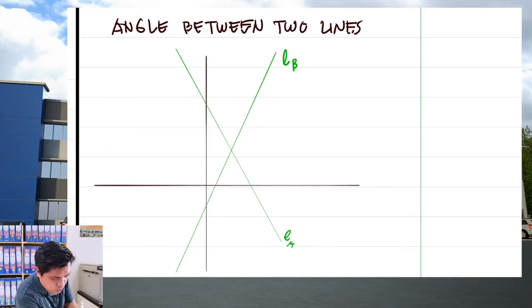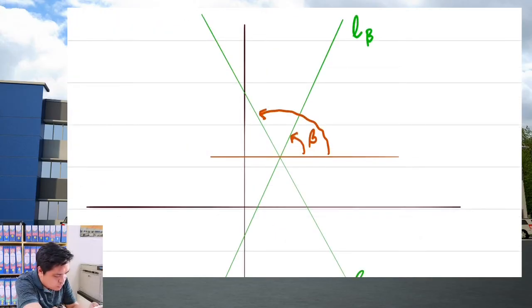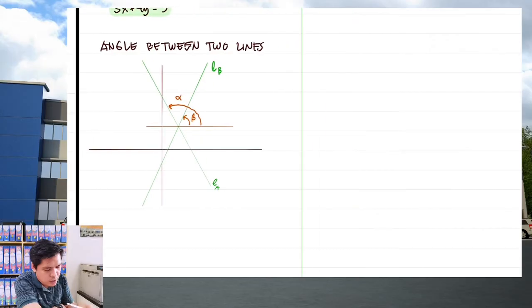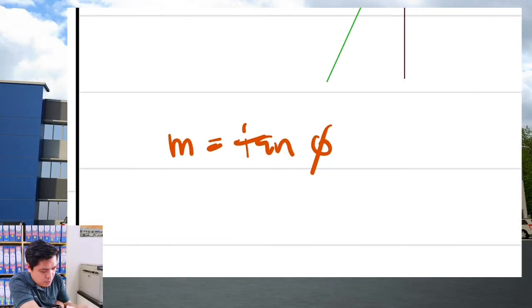So, in terms of inclination niya, we could say that the angle of inclination, let's use another color. If I draw a horizontal line at the point of intersection, this is the angle of inclination of line B. I'll call that beta. And let's call this angle of inclination of line A as alpha. Okay? So, we know kanina that m is equal to tangent phi, that means the slope is equal to the tangent of the angle of inclination.